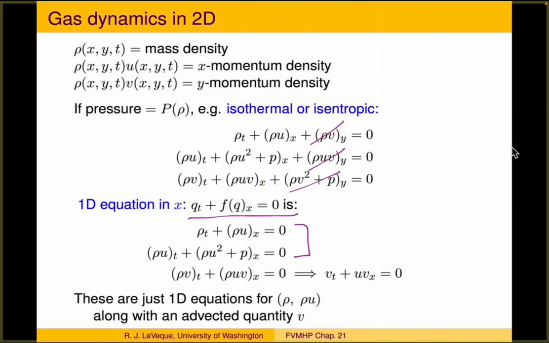And then it's augmented with the third equation here, which is really just an advection equation for the vertical velocity v. So we're really just solving the nonlinear Riemann problem in the x direction for rho and u as a 1D solver would do. And then there's an additional contact discontinuity in the solution that moves with speed u and represents any jump in the vertical velocity v, which simply moves with the flow.